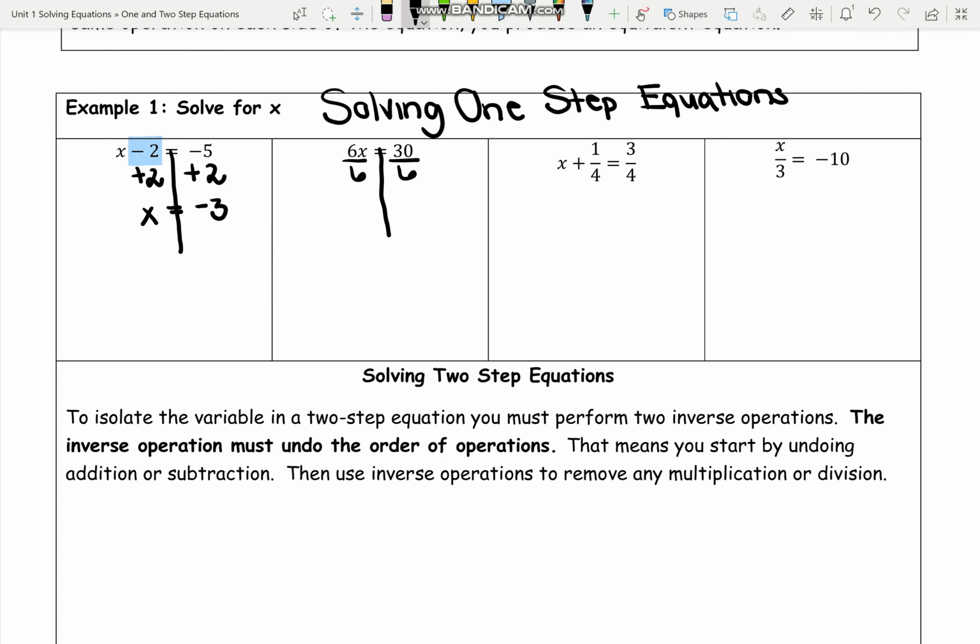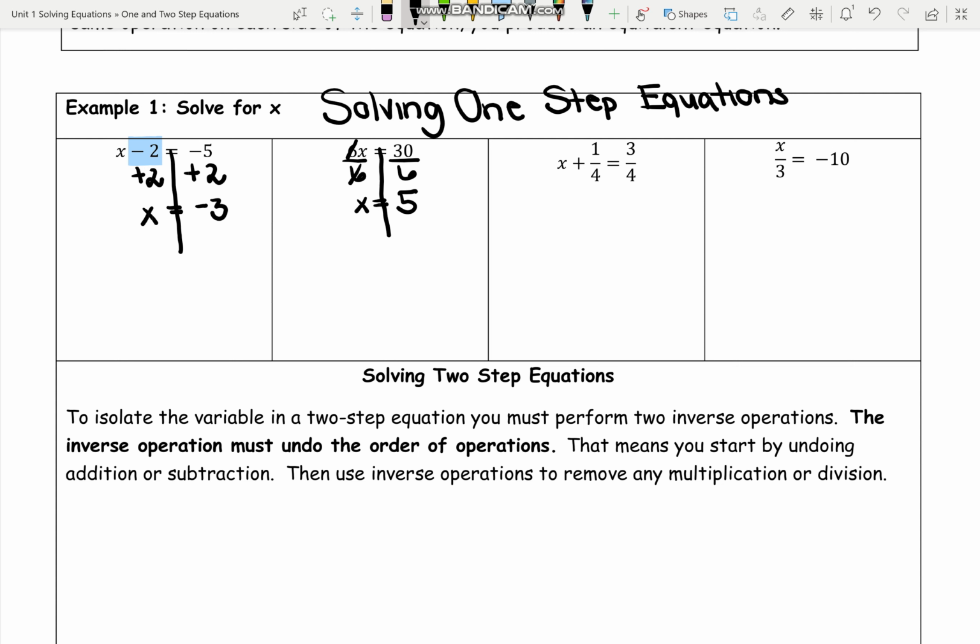And again, 6 divided by 6 is 1, and 1x is the same thing as x. I'll slide my equal sign down, and 30 divided by 6 is 5. And again, I can check my work by going 6 times 5 is 30.